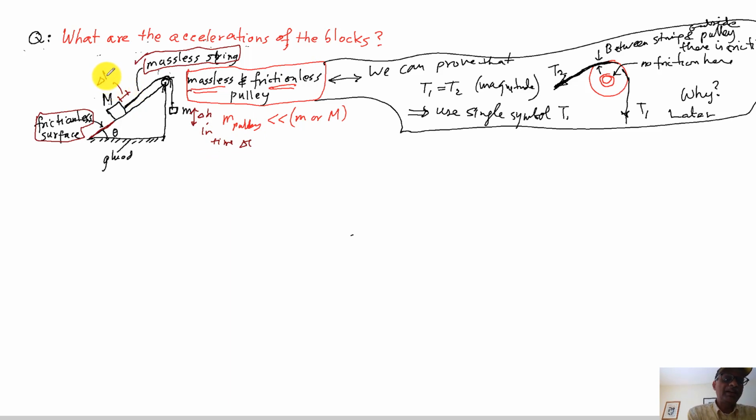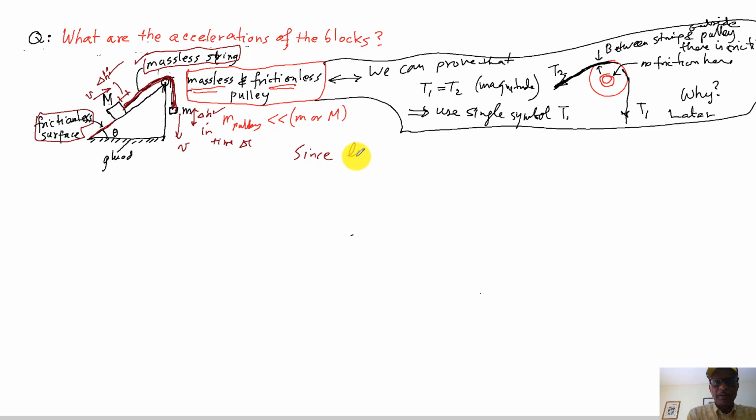This distance and this distance will be the same, let's call it delta h prime. So its speed v will be the same as this one's speed v. Why? Because the string is not changing its length. The length of the string is fixed, and that provides a constraint.